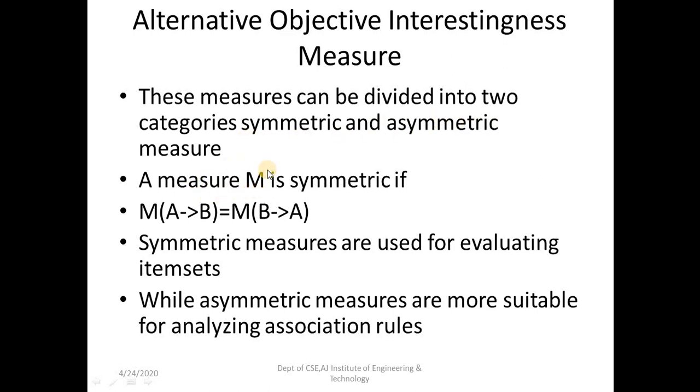A measure M is symmetric if M of A implies B is equal to M of B implies A. Symmetric measures are used for evaluating item sets, while asymmetric measures are more suitable for analyzing association rules.